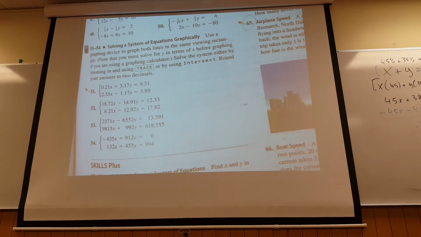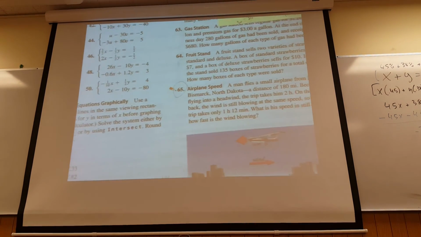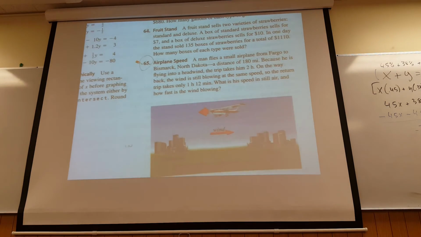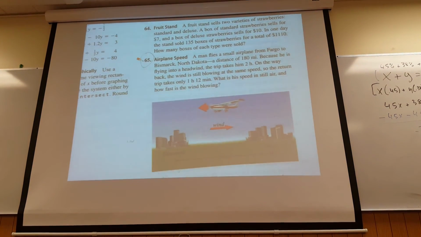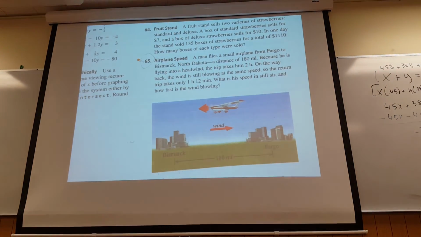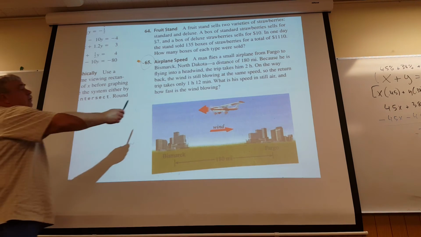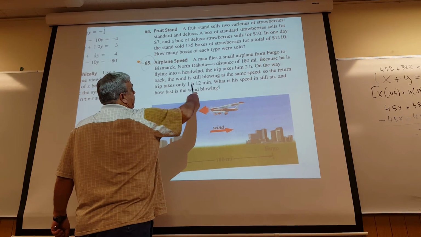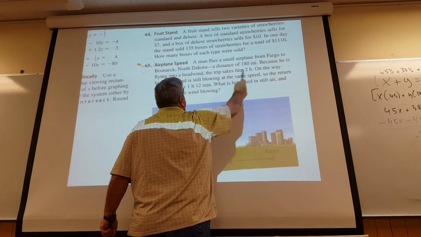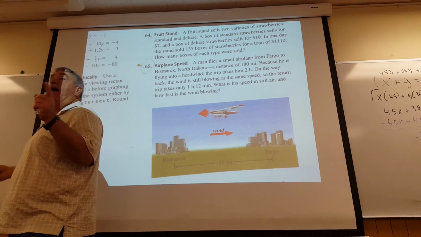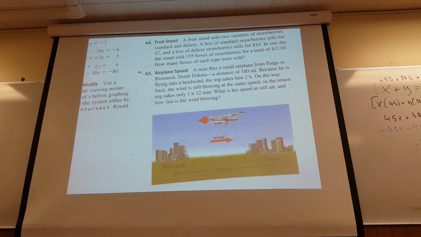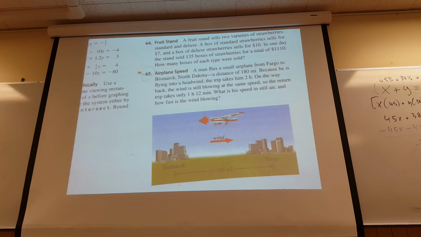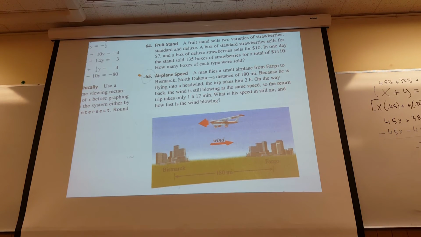But we have an airplane problem, which is number 65, that is a little weird, okay? Because they give us 1 hour and 12 minutes, okay? We can't have time in different units. They have to be the same. So if we're looking at that problem 65, okay?